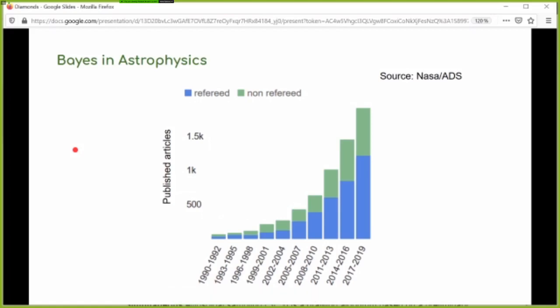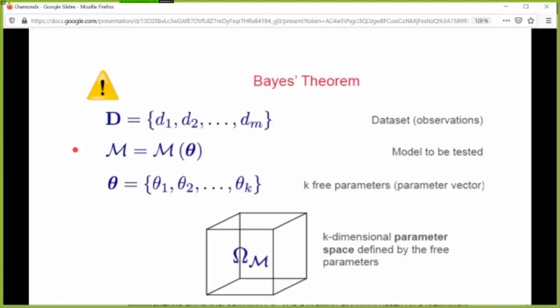So let's move to the basics of Bayesian statistics, since it's used in Diamonds. When we are dealing with Bayesian statistics, there is a central point that we cannot avoid. It's Bayes' theorem, which takes its name from Thomas Bayes, who invented it in the 18th century, based on probability and risk assessment.